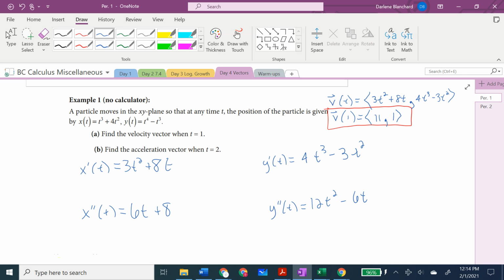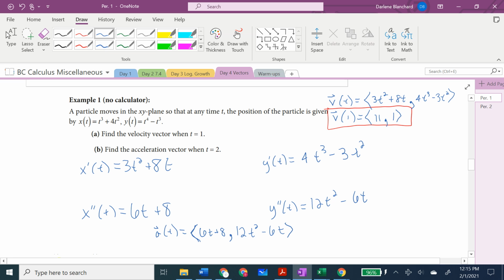Then my acceleration vector, as a vector valued function, has a first component function, comma, a second component function. And I just realized I probably didn't mention this.